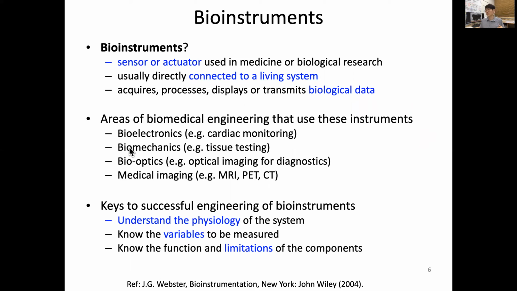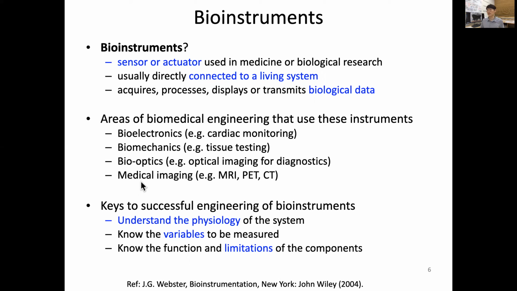For example, bioelectronics, and a good example is cardiac monitoring or ECG, EKG monitoring devices. Biomechanics measures, for example, tissue testing or lung respiratory function tests. Another example is biooptics, which is optical imaging for disease diagnostics, and a good example is the optical endoscope.